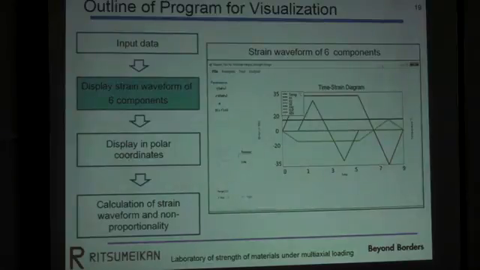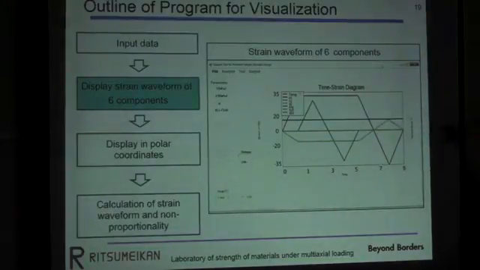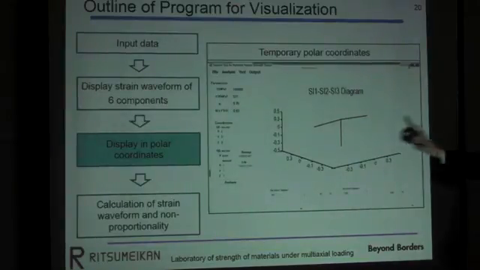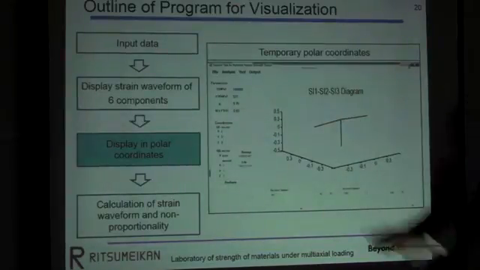In the beginning, we can show the stress or strain waveform of the six components like this. This is the input data, and using the IS method, we can obtain the polar figure of the stress or strain path like this. In that case, the reference axis is determined in this direction.